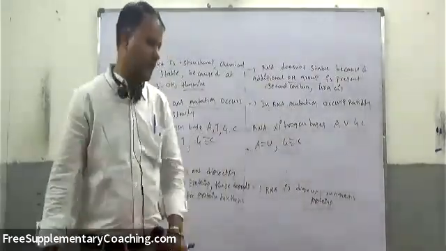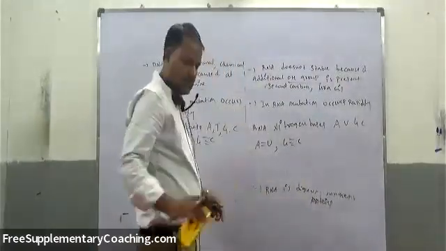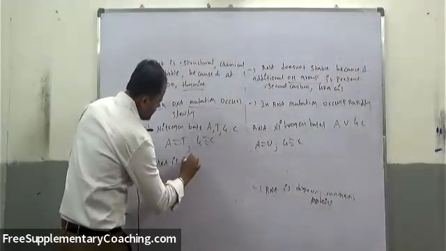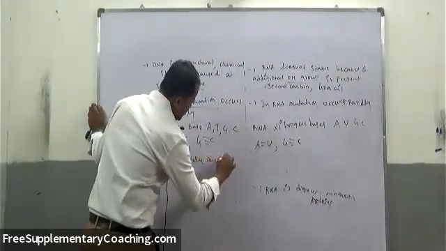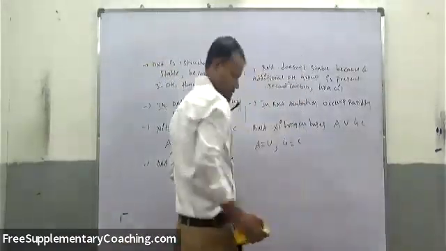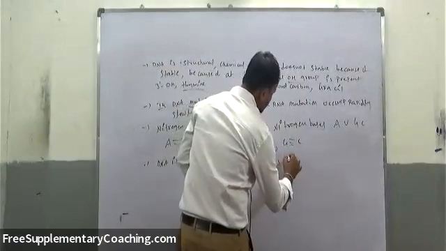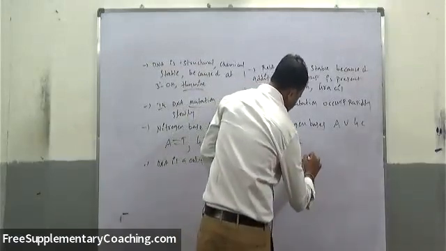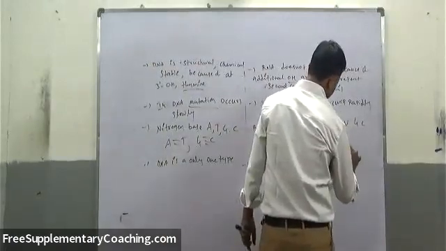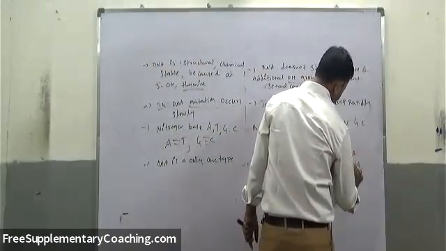Okay, DNA is only one type of genetic material, but RNA is of three types: tRNA, mRNA, and rRNA.